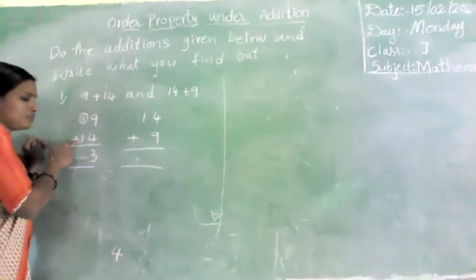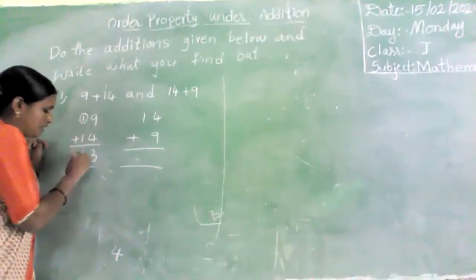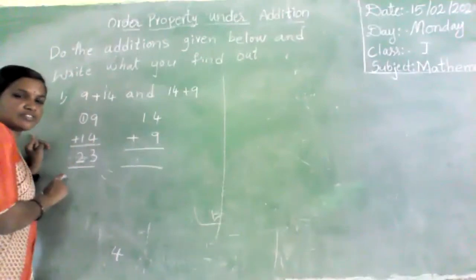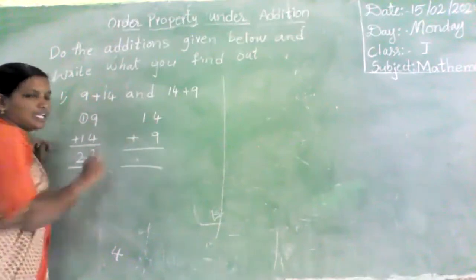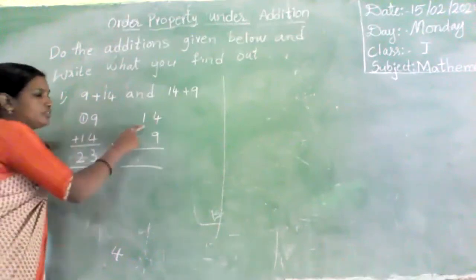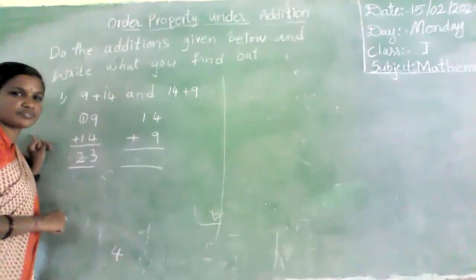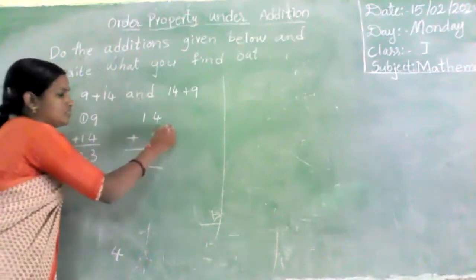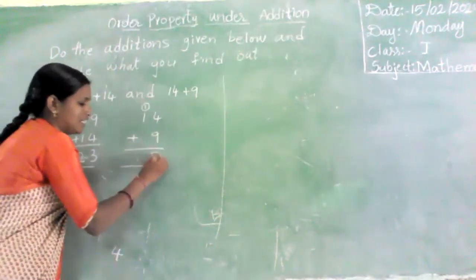Okay. Now 1 and 1 carry. So 1 plus 1, 2. So 9 plus 14 is equal to 23. Next 14 plus 9. 4 plus 9, 13. So 1 ten carry and 3 write under ones.